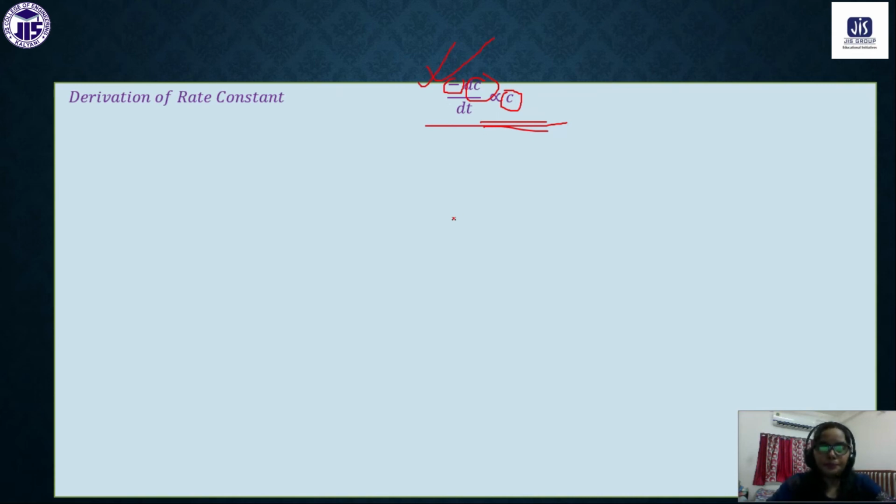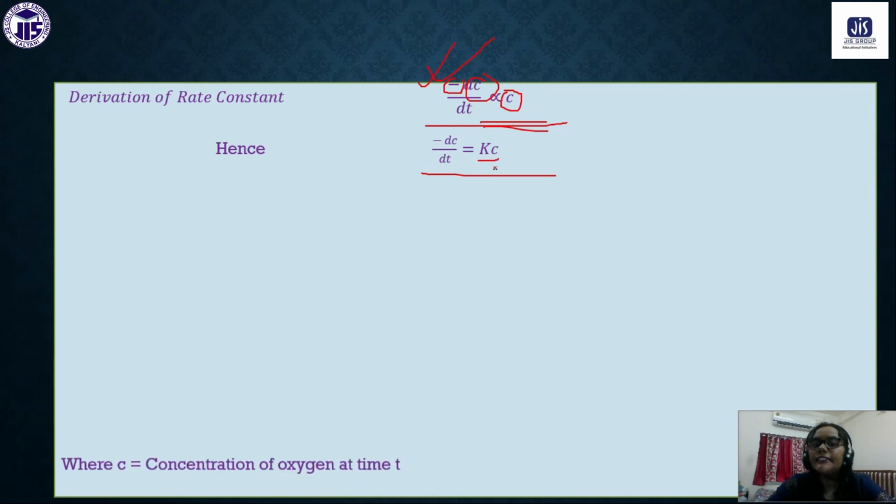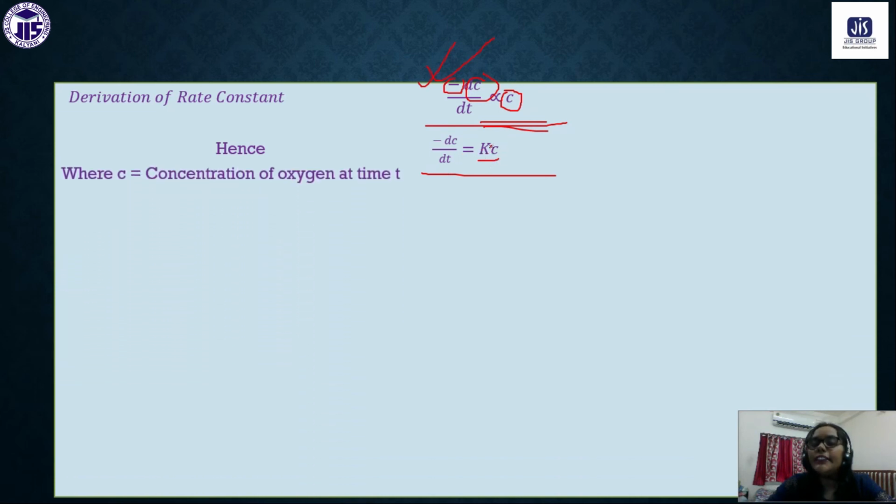Next, instead of proportional, we have introduced a proportionality constant, k. Minus dC by dt equals k into C. What is k?